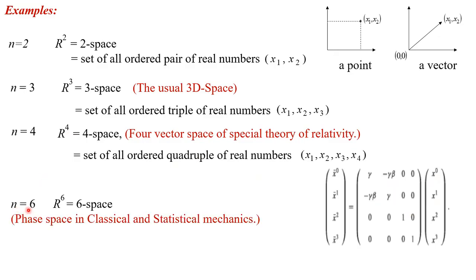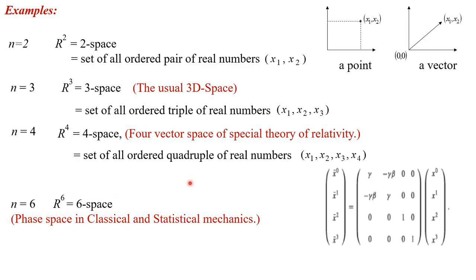Now, when n is equal to 6, we will have our 6 space, and our n tuple will then have 6 components: x1, x2, x3, x4, x5, and x6. And the collection of all those points in the six-dimensional space will be called a six space. And this six space is usually known as phase space in classical and statistical mechanics.